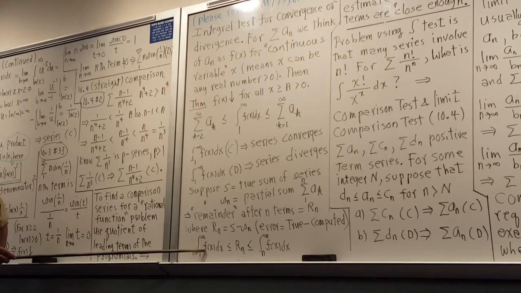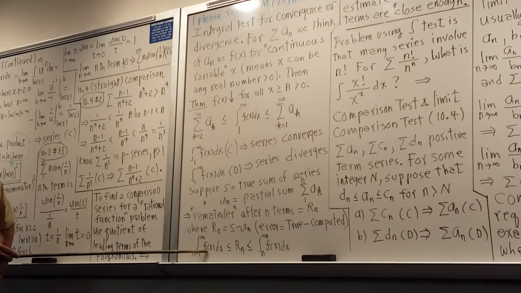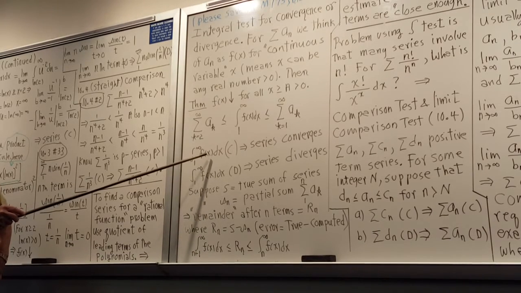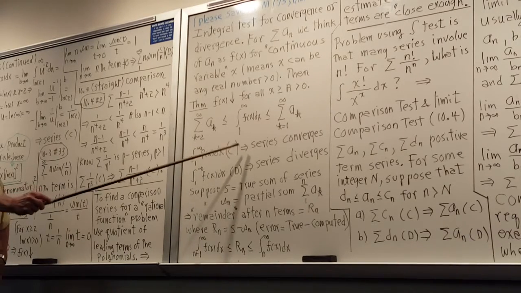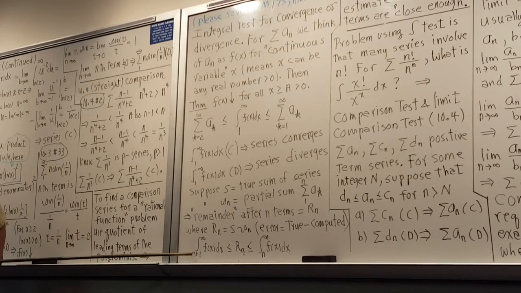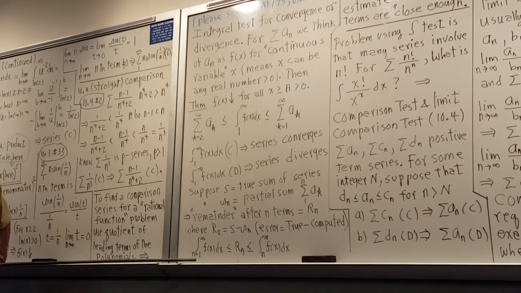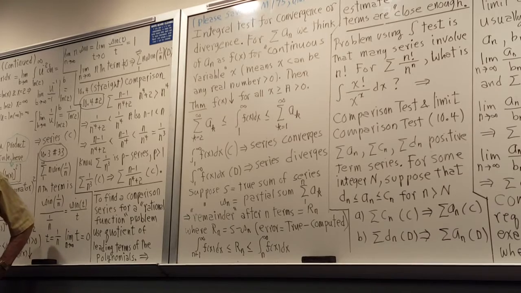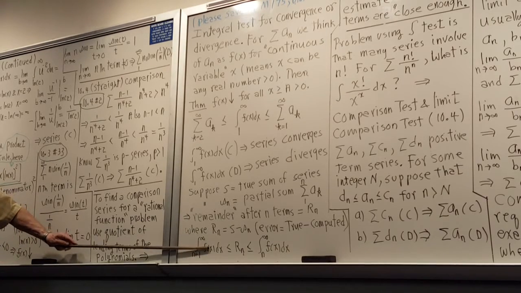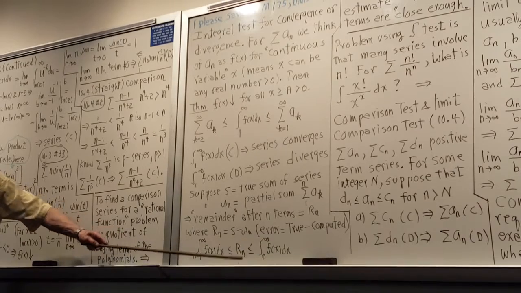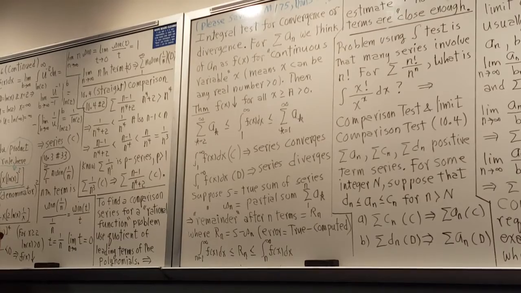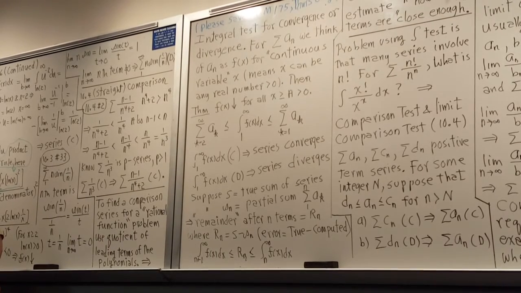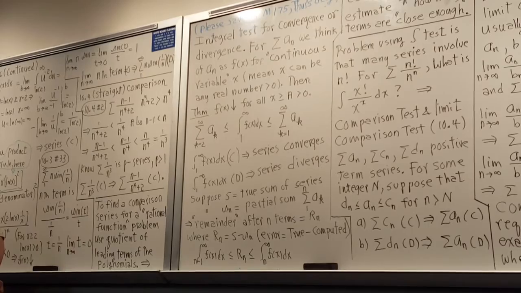Remember, we're thinking of f of x as a positive valued function, and it's a convergent series, so that means the integral from 1 to infinity converges, so then the integrals from n to infinity or n plus 1 would converge. So this will give you a number, and that'll give you a number, and your error is between those numbers. You won't know it exactly unless you actually get the true sum of the series.